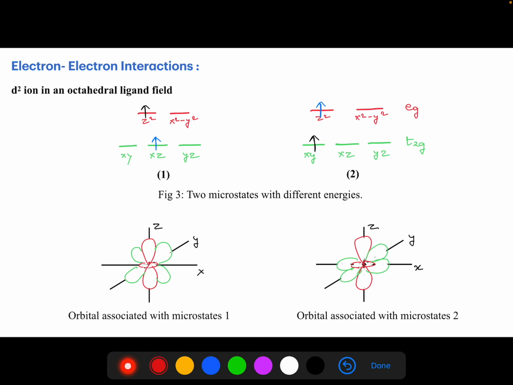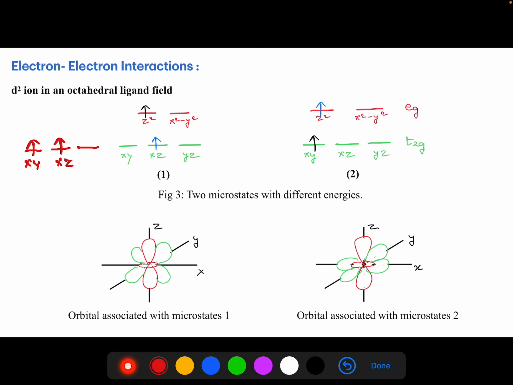For example, here it is shown for an excited state of the same d2 ion, but when it was in the ground state, these two electrons can be in any two orbitals of t2g, for example xy and xz, or xz and yz, or xy and yz.